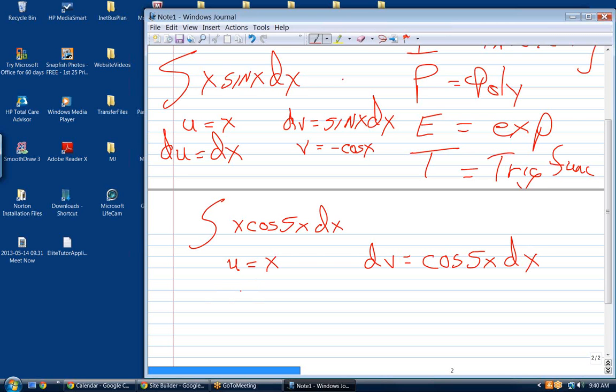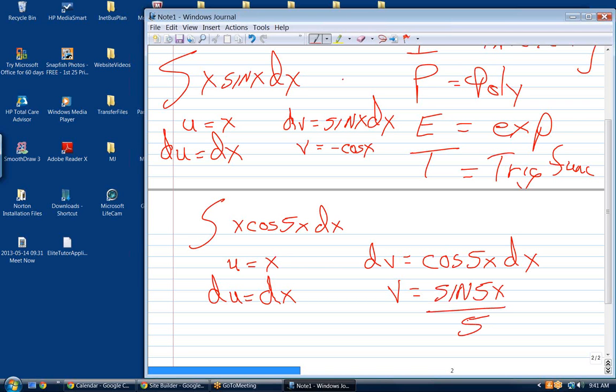So differentiating the left, du is equal to what? Just dx. Okay. And then v is equal to what? Actually, we're integrating this, so it's going to be positive sine of 5x divided by 5.